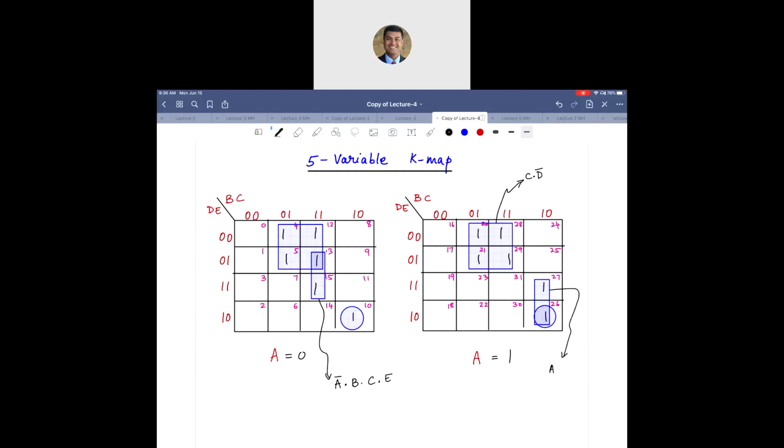A is a 1, B is also a 1, C is a 0, D is a 1. The last group here, A changes, B is a 1, C is a 0, D is a 1, and E is a 0.